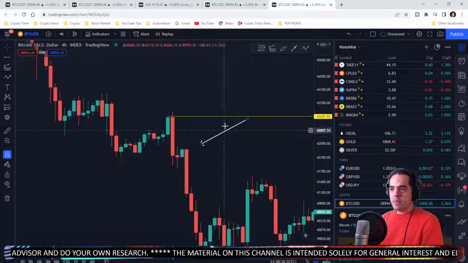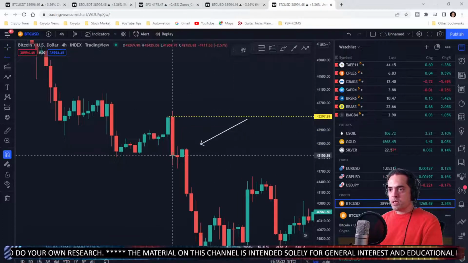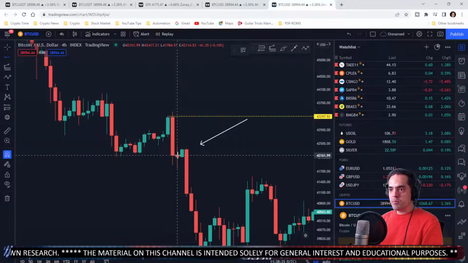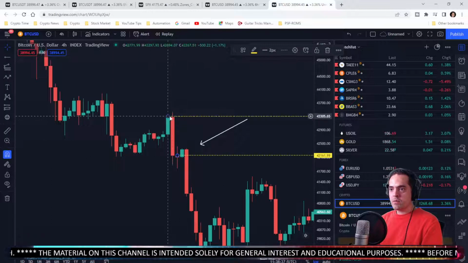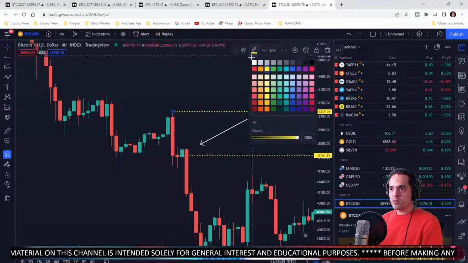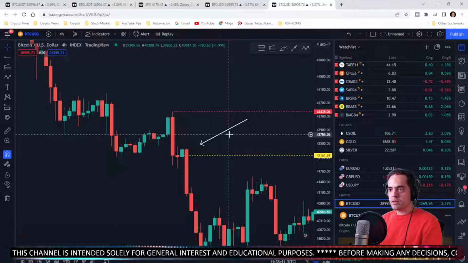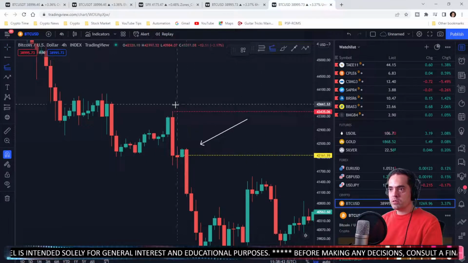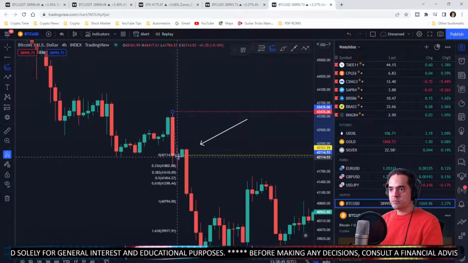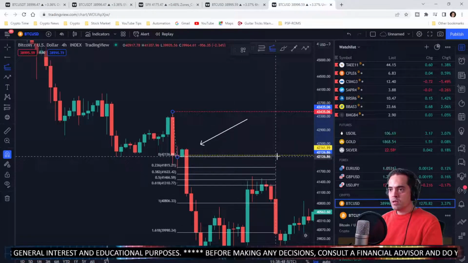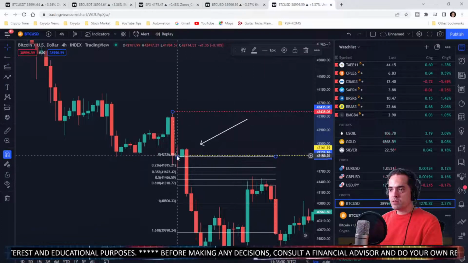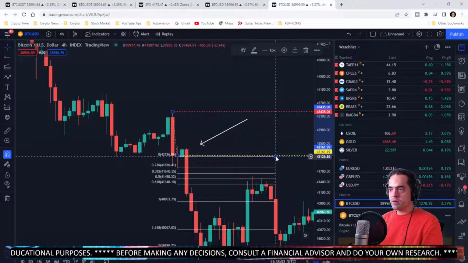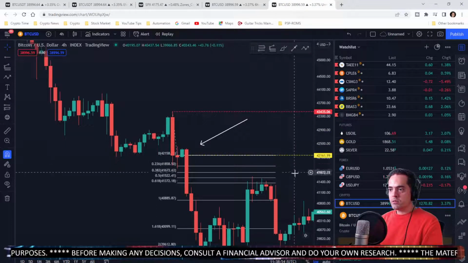So that being said, I would set my entering point somewhere here. I would have my stop loss right there. Let's change to red. Let's measure the extension of this movement. Okay, somewhere right there.